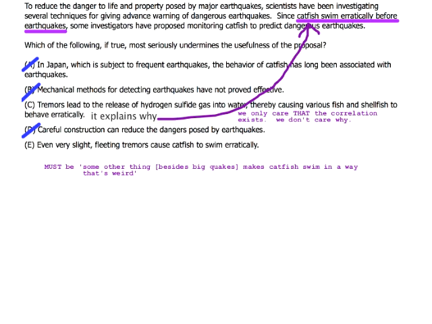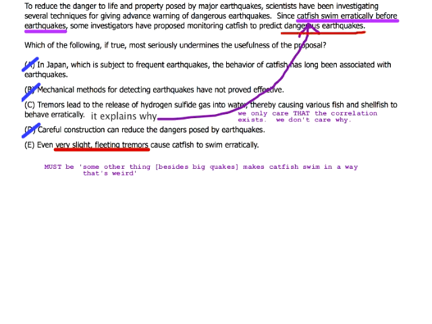As we mentioned on the previous page, the mechanism is irrelevant. Even if the mechanism is completely unknown to us, it doesn't matter. It's empirical. Just, hey man, those guys are swimming weird. On the other hand, E. So E says that even little bitty teeny tiny earthquakes will still cause them to swim weird. And so that destroys the correlation with dangerous big earthquakes.